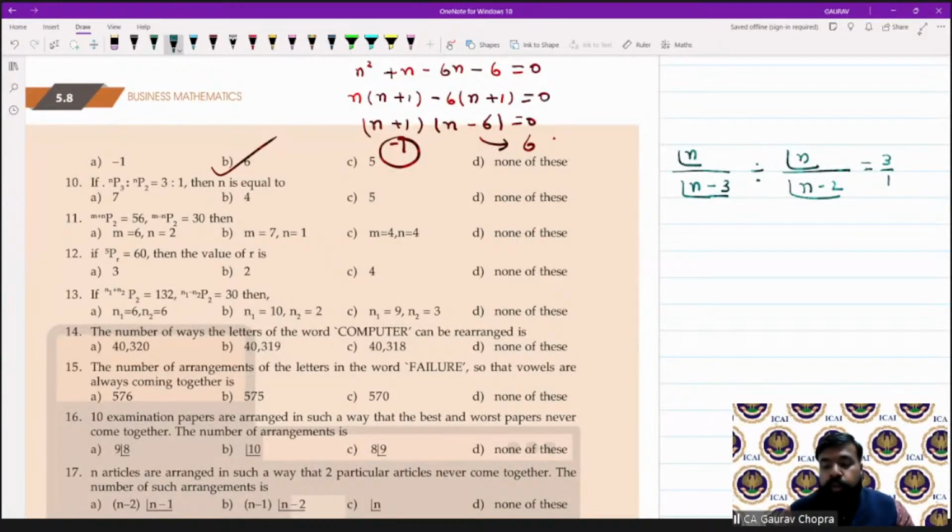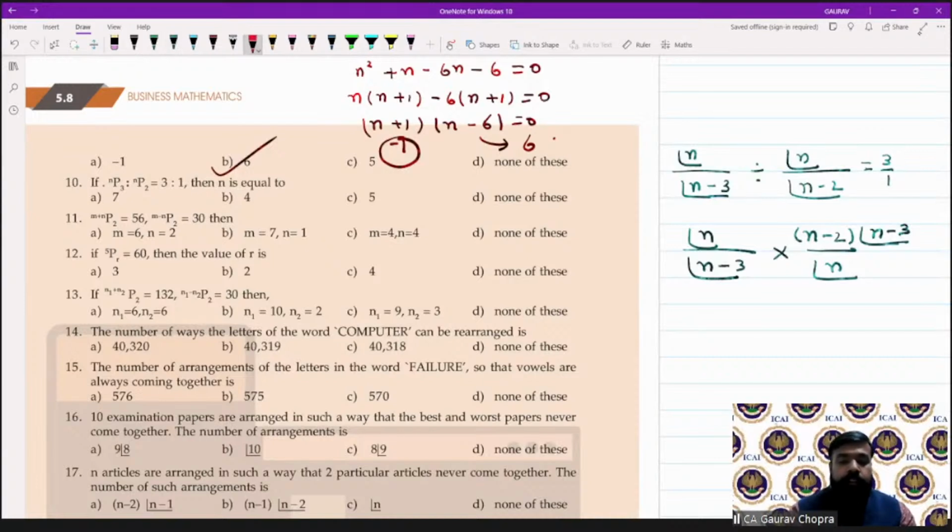So first we will change it: factorial N upon factorial N minus 3 multiplied by, since we have to convert divide into multiply, it will become reciprocal. So upon will come factorial N and numerator will be N minus 2 into factorial N minus 3.